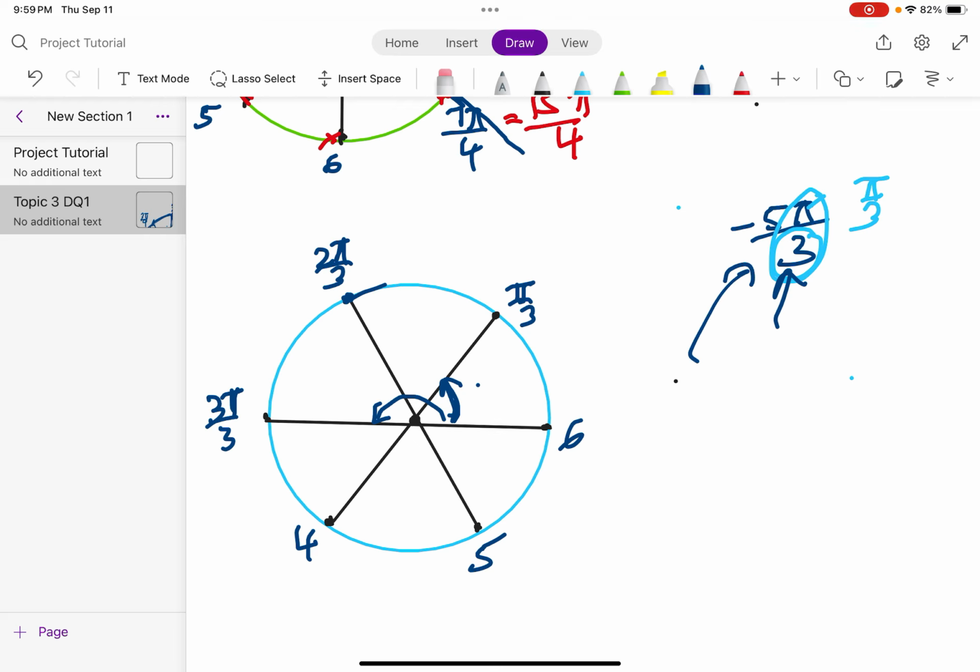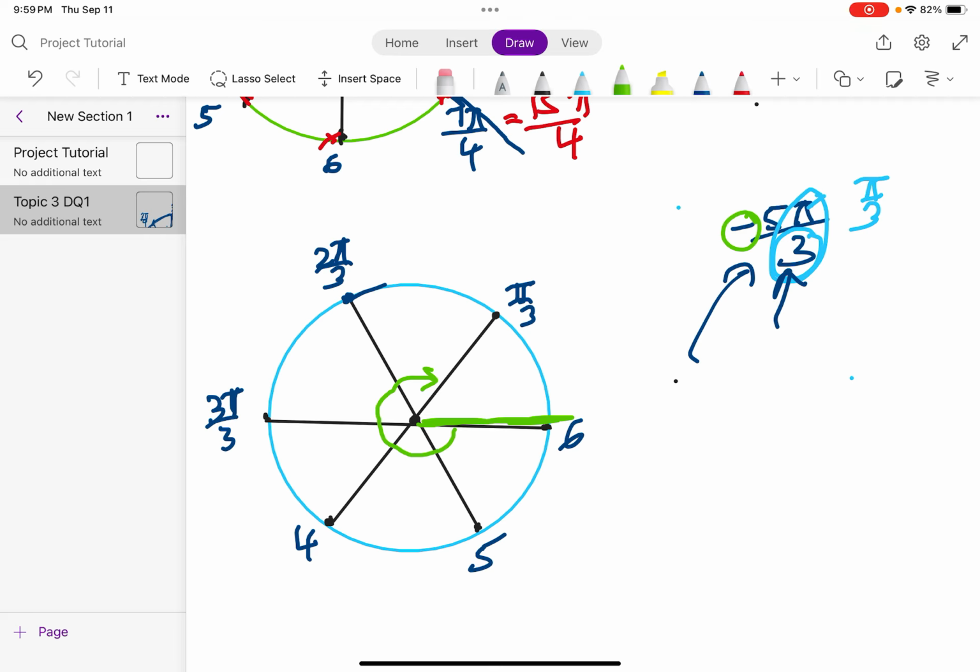Now, if you want to graph negative 5 pi over 3, what do you do? You just count, starting at the positive x-axis always. Then you go negative, it's clockwise, so I go 1 and 2 and 3 and 4 and 5. This is the amount of rotation, negative 5 pi over 3.